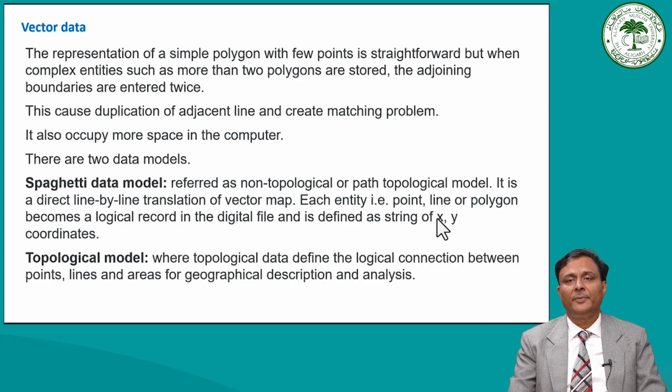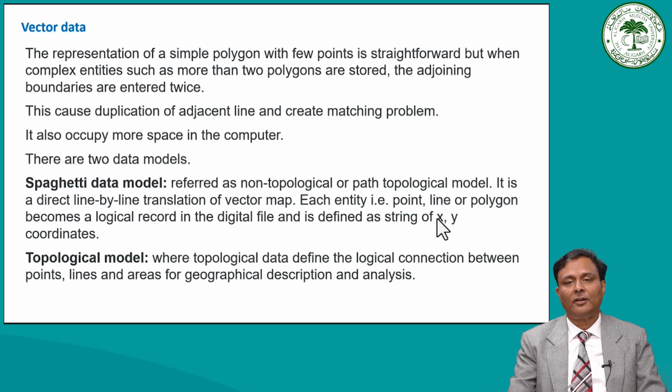Since most of the thematic mapping for spatial information systems is based on polygons, their storage and manipulation has received considerable attention. The characteristic of a polygon is that it must have a unique shape, area and perimeter.